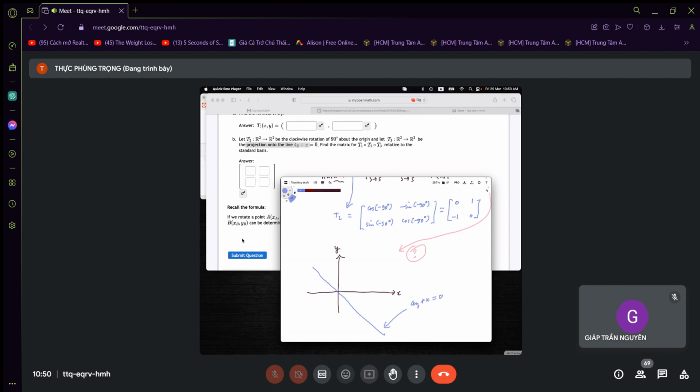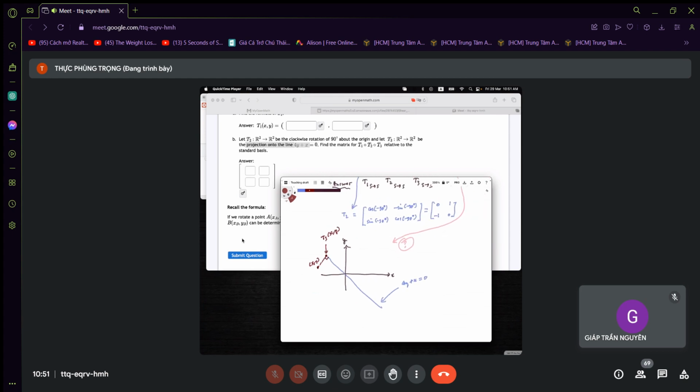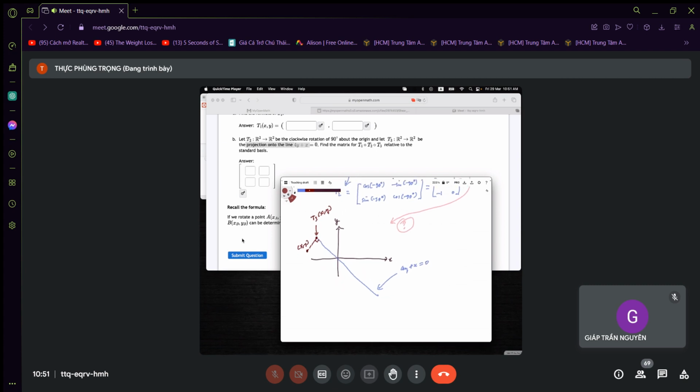This is the projection. It means that if you consider a point right here, then this one is T3 of that point, because T3 of a point is the projection of it on the line 4y plus x equals 0. So this is the definition, right? Again, now in order to find the matrix T3 from S to S, we need to consider bases.